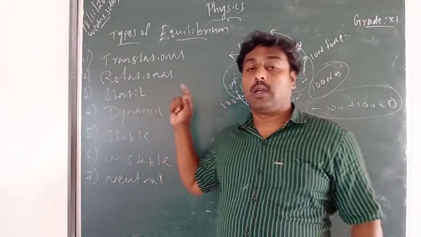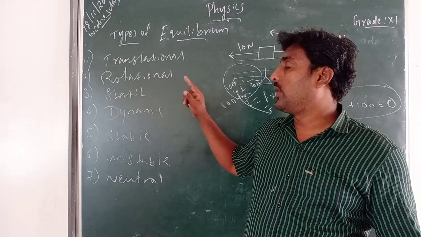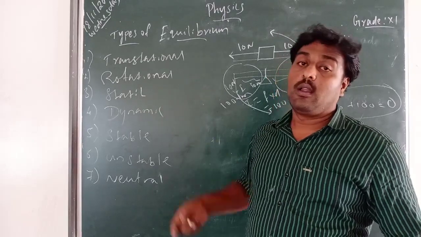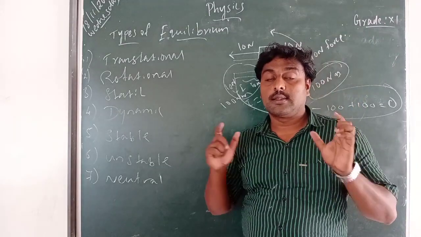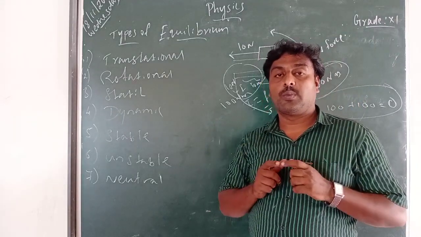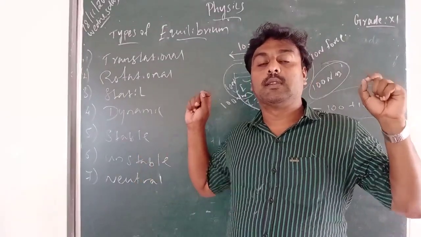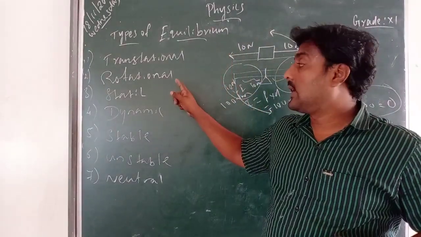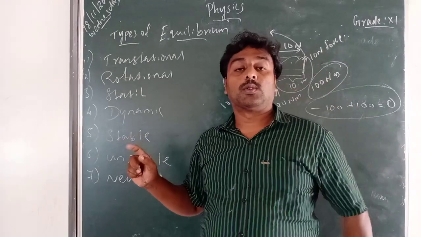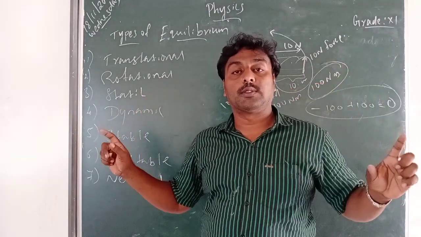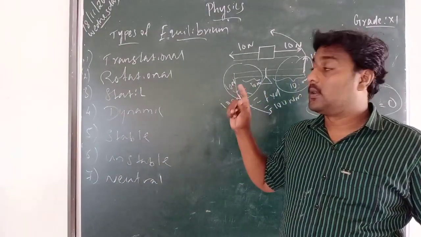So now I have told you about the 4 types of equilibrium: translational, rotational, static, and dynamic equilibrium. During translational equilibrium, linear momentum is constant and net force is 0. Rotational equilibrium means angular: angular momentum is constant and net torque is 0.